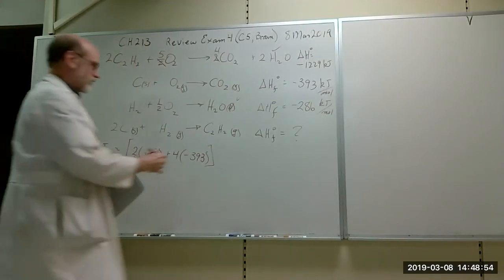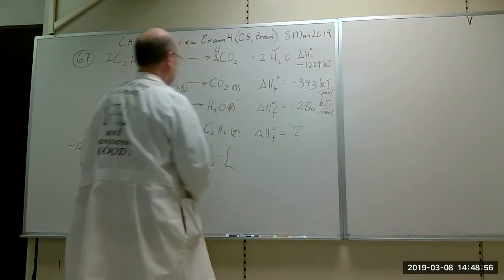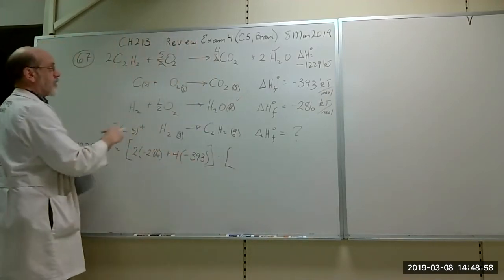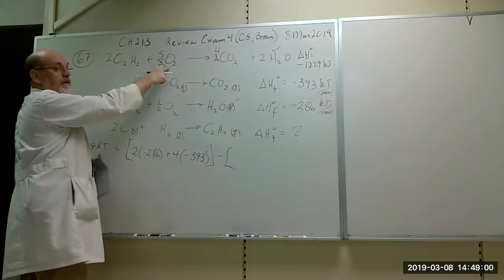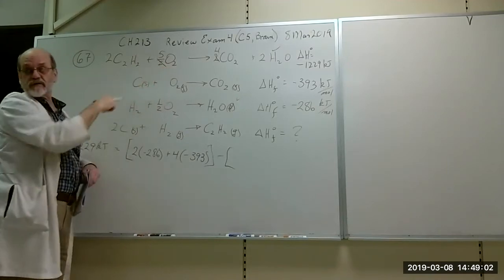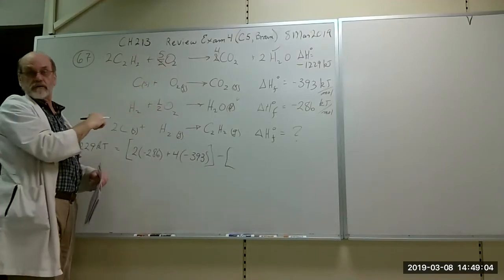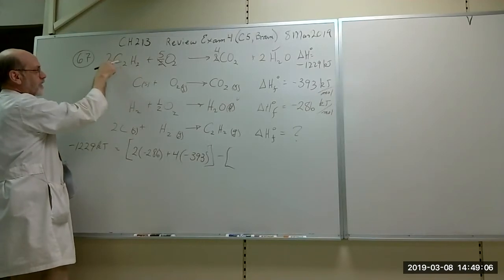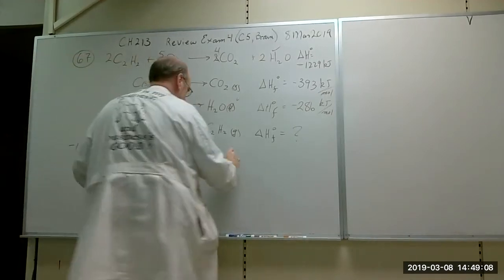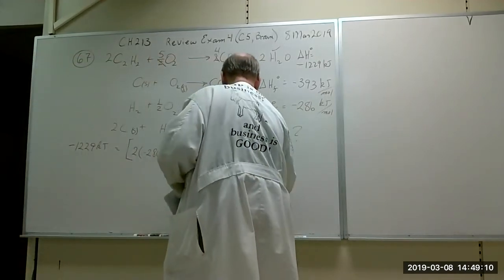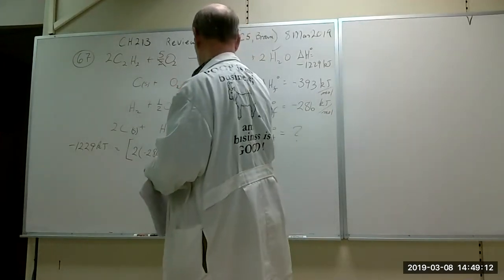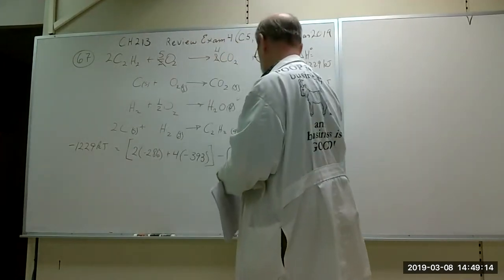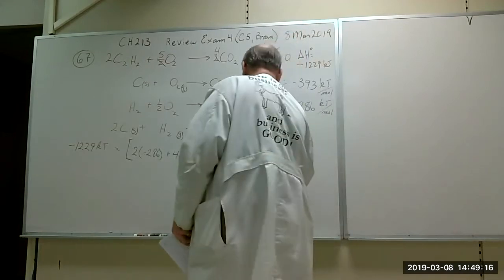Okay, now how about the reactants? Well, the reactants, we've only got 1 because remember, elements don't have a standard heat of formation. They're 0. So we just need to know this one, 2 times this one. That's our unknown.